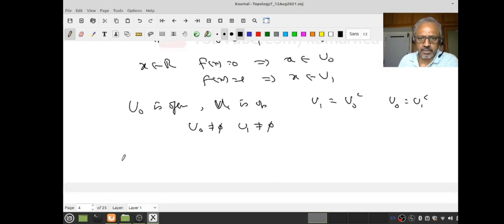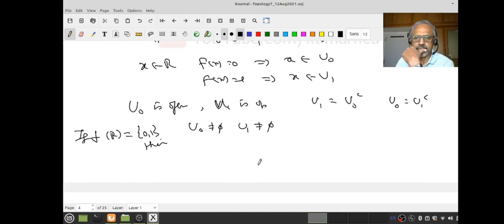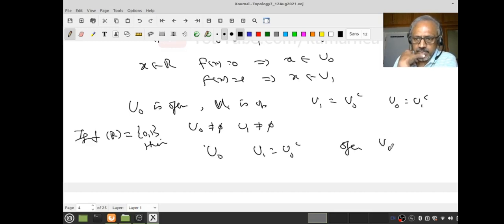Because there is an x such that f of x must be 0, and there is another y such that f of y equals 1. Therefore, U0 is not empty, U1 is not empty. Both are open and both are non-empty.